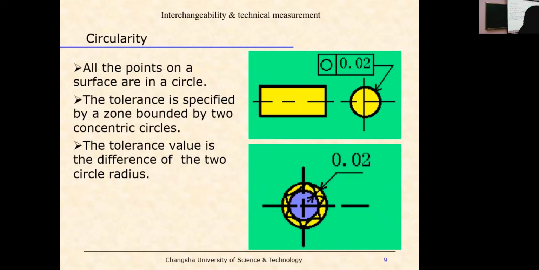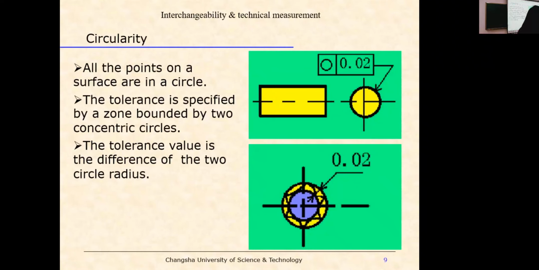So we use two circles to contain the real circle. So this is 0.02. This 0.02 is the circle tolerance. So the tolerance value is the difference of the two circle radii.